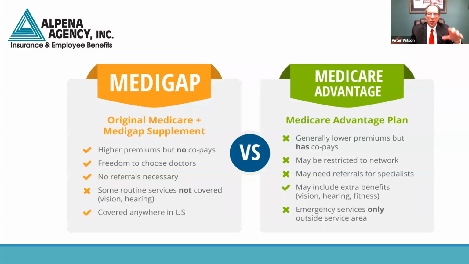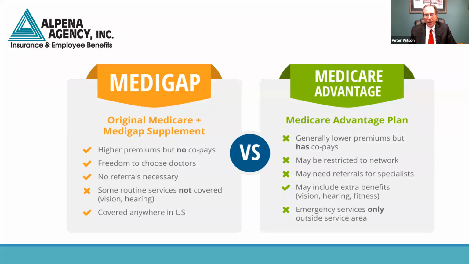So let's summarize your two choices here. This is just generalizations, okay? Generally speaking, when you buy a Medigap plan or a supplement, you're going to pay a higher premium, but when you go to the doctor or the hospital, you're almost going to have no cost out of pocket. So you pay a monthly premium up front, but when you do use the coverage, you don't pay a lot out of pocket, if any.